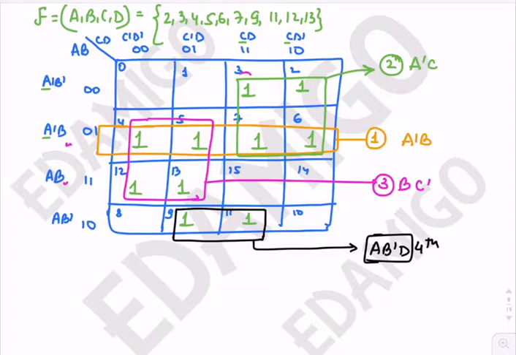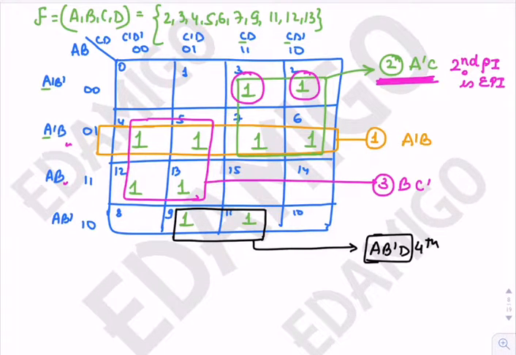The third minterm is covered by the second prime implicant exclusively. The second minterm is also covered by the second prime implicant exclusively. So the second prime implicant is an essential prime implicant.